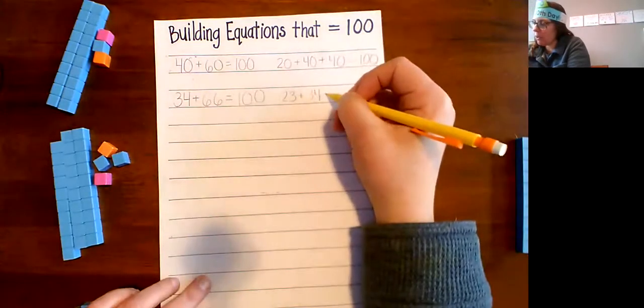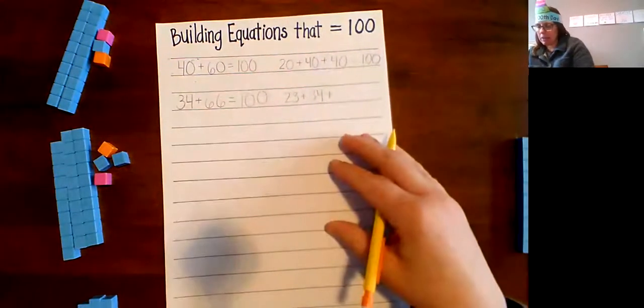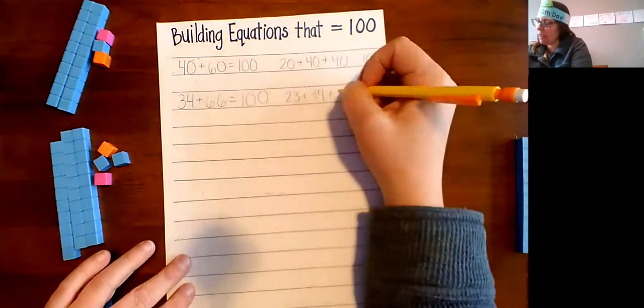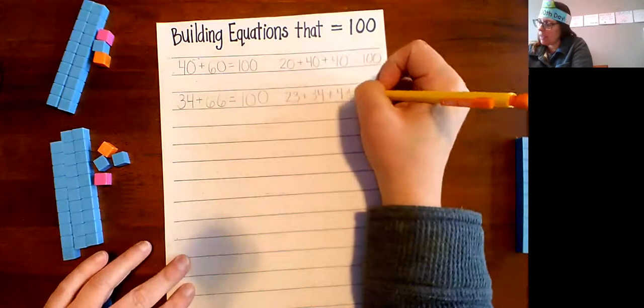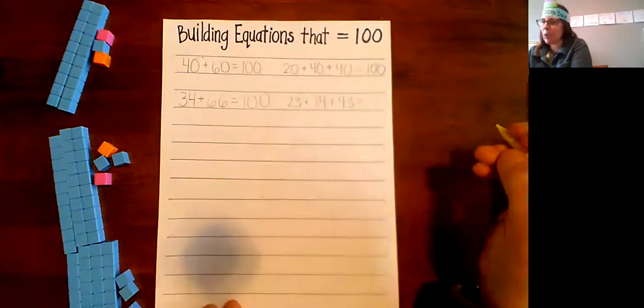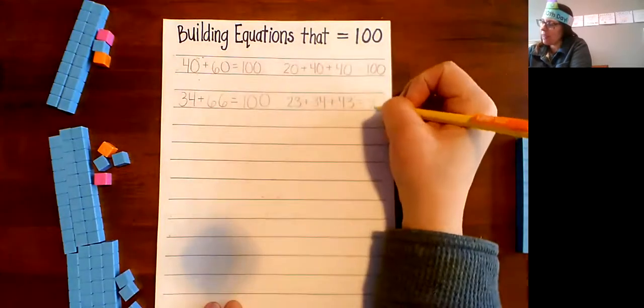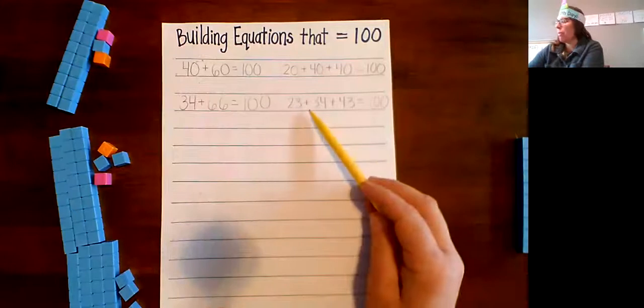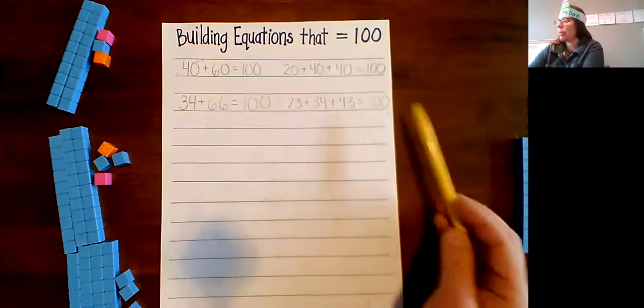Plus 34 plus, let's see how many we have down here. 10, 20, 30, 40, 41, 42, 43. Now, when we put all those together, what does that equal? Do you remember? What's our whole? 100. Everything we're doing today equals 100, right? So 23 plus 34 plus 43 equals 100.